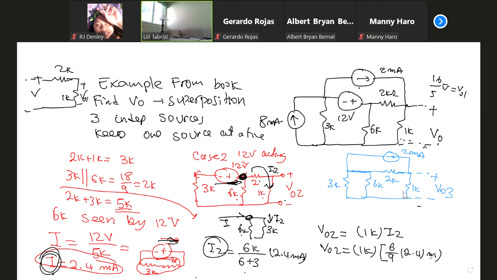Milli cancels kilo, and 6 divided by 9 is 2 over 3, so it's equal to 1.6 volts.